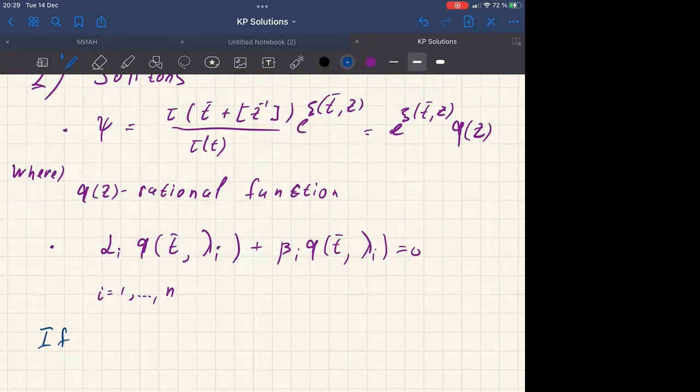Q is also a function of all t, but it is a rational function of z, and there is lambda instead of z. Lambda is instead of z, and here we need to have different parameters.